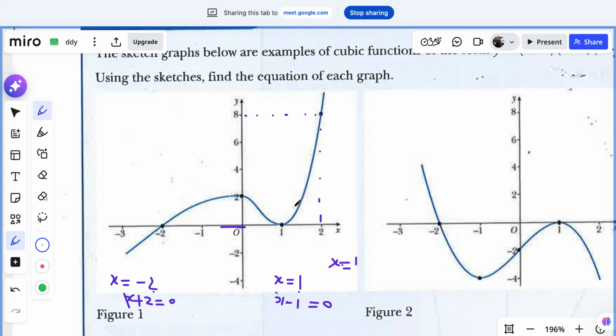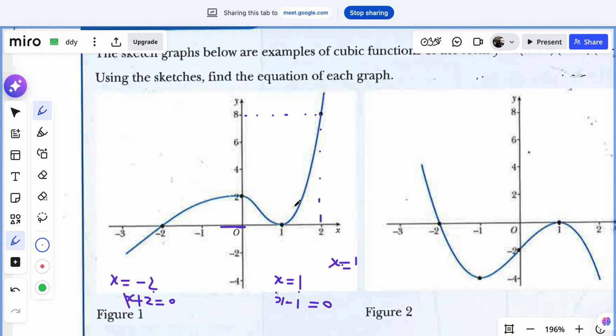4k, we have a repeated root, right? So it means we have x equal to 1, which is x minus 1 twice. x minus 1 and x minus 1 in a bracket, and x equal to negative 2, which is x plus 2, right? So in this case, we can say that k will be negative.